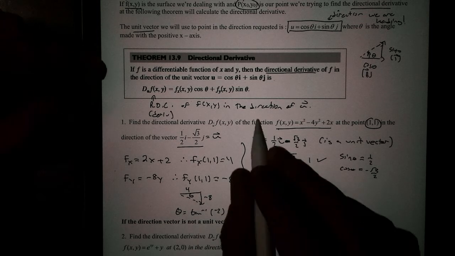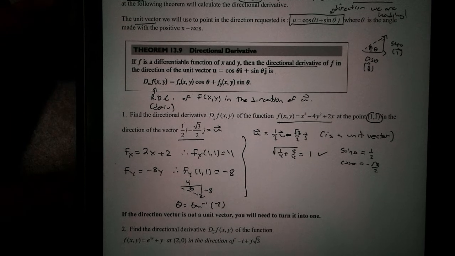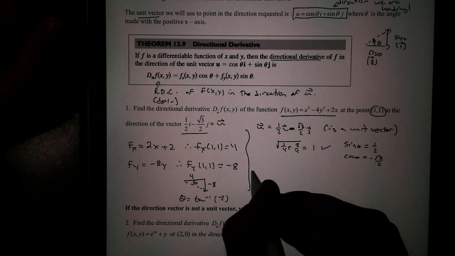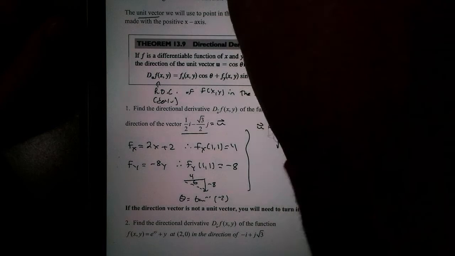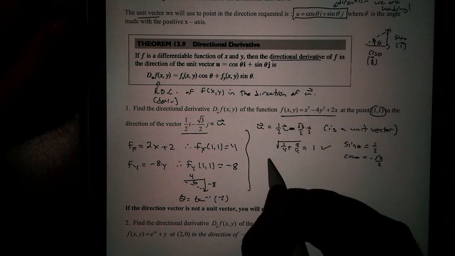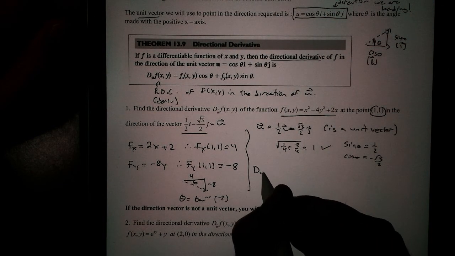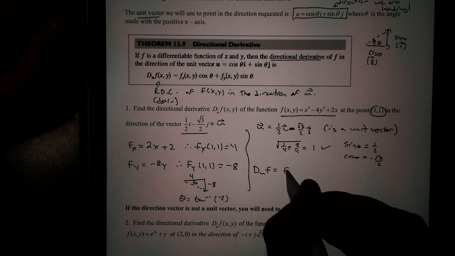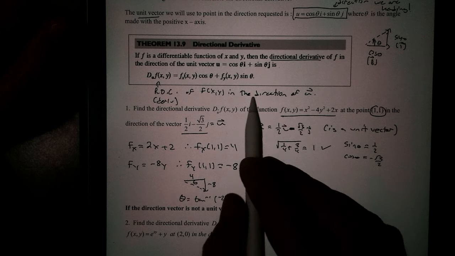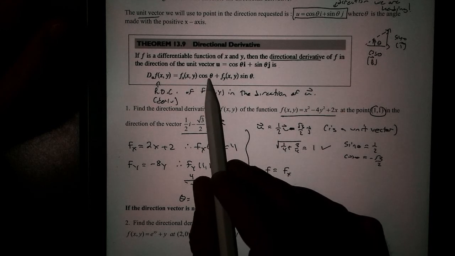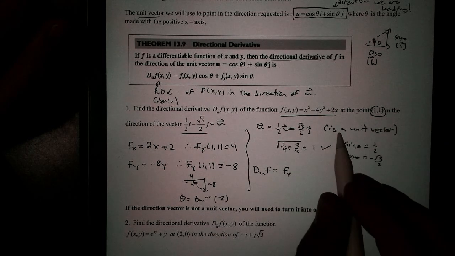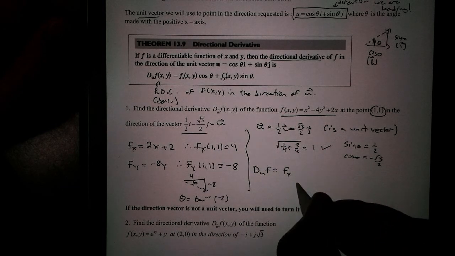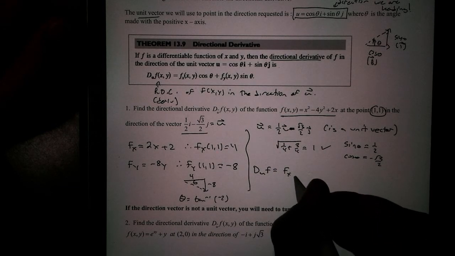All right, so let's go ahead and find Duffman, the Duff. So we want to get our directional derivative. So Duff is equal to fx times the cosine of theta, which is 1/2.